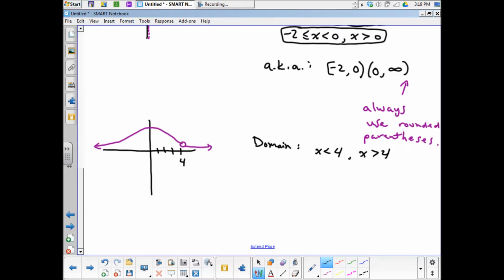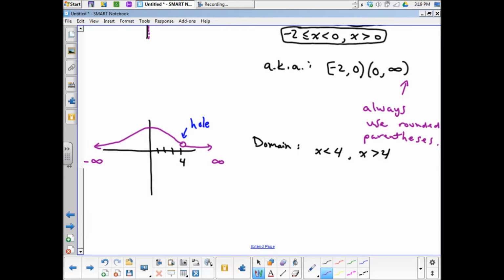So in other words, there is only one point here where x is not present, and that is this point right here. This is what we call a hole. The graph is basically existent everywhere except here. So it runs all the way from negative infinity to infinity.